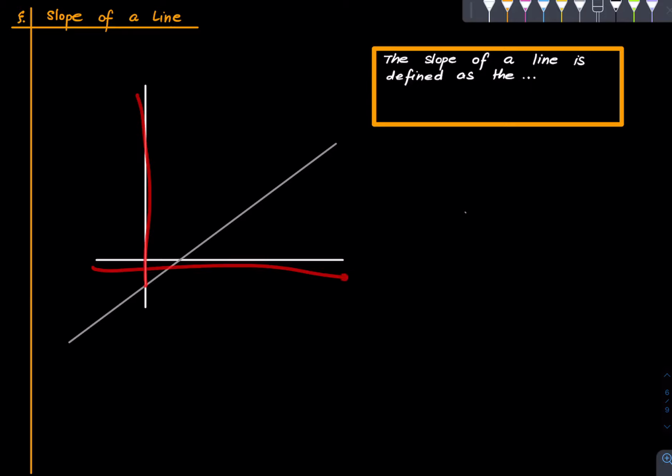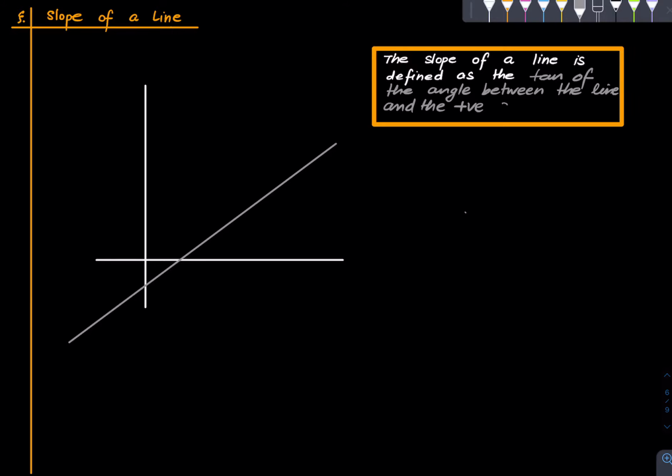So, I have the coordinate plane and a line. Then the slope of the line is defined as the tan of the angle between the line and the positive x-axis.